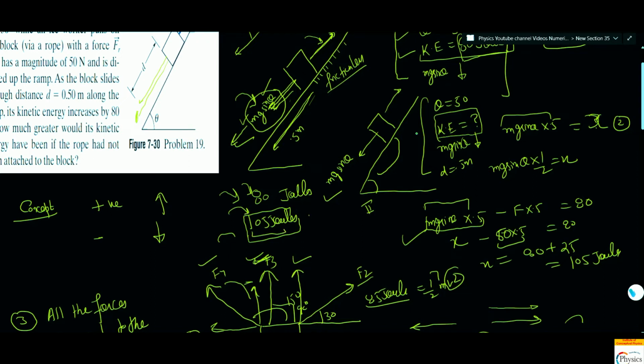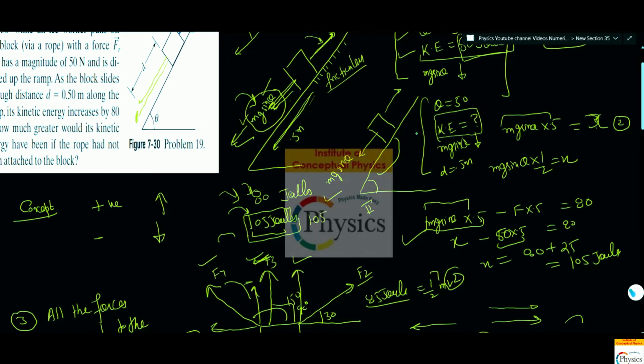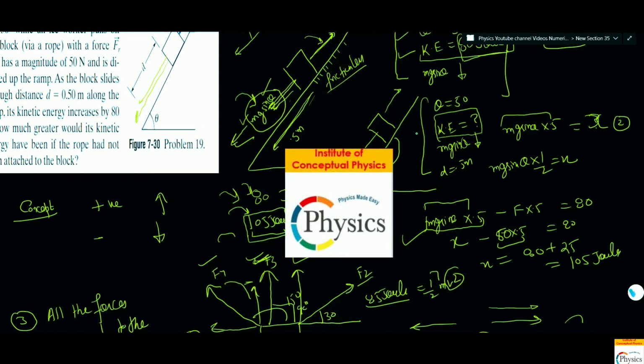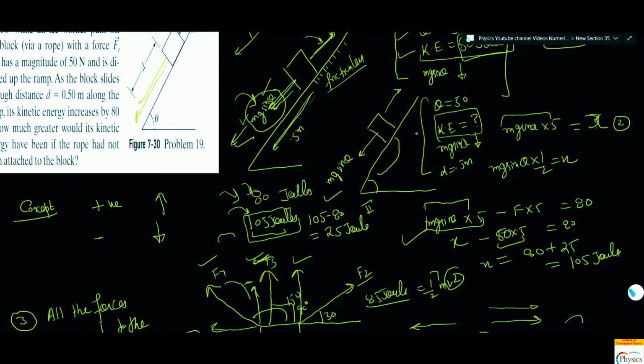So how much greater would your kinetic energy be? 105 minus 80 is equal to 25 joules, right? So your extra gain, because the negative component of the work done due to the upward force is missing, how much greater your kinetic energy is going to be? 25 joules is your net answer, right?